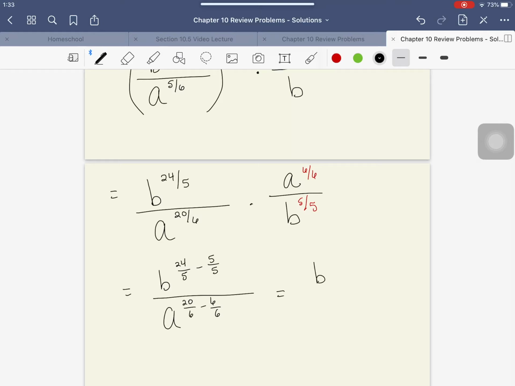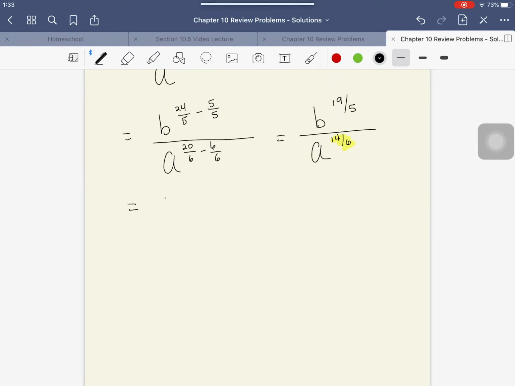And that'll be b to the 19/5 over a to the 14/6, which I will need to reduce. So the final answer is b to the 19/5 over a to the 7/3. And again, you can leave your answer this way unless the instructions say to rewrite it in radical form.